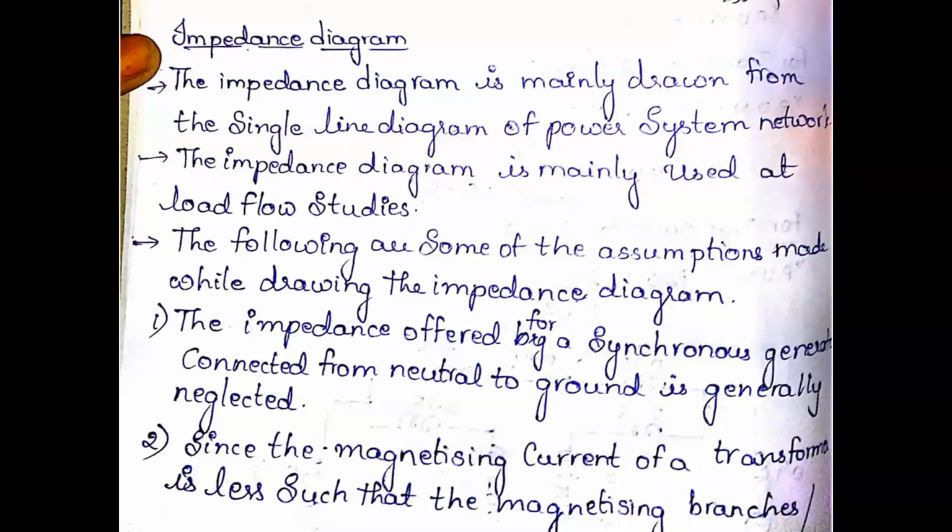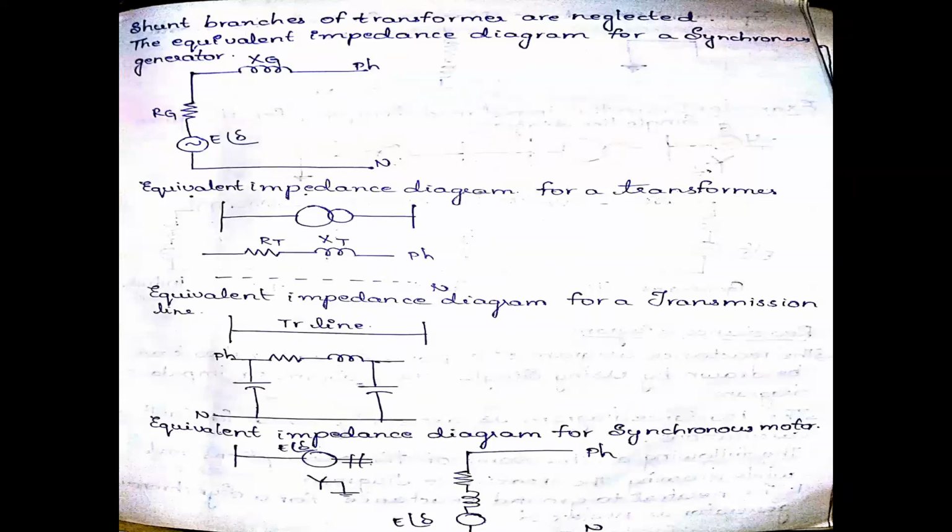The second assumption is that the magnetizing current in the transformer will be neglected, such that the magnetizing branches, the shunt branches, are neglected. You have already seen in transformers, under no load or load condition, there is a shunt branch and a series branch.